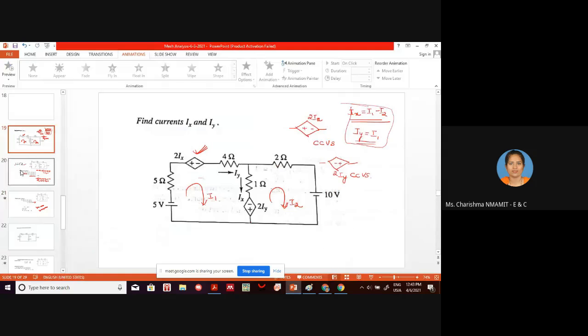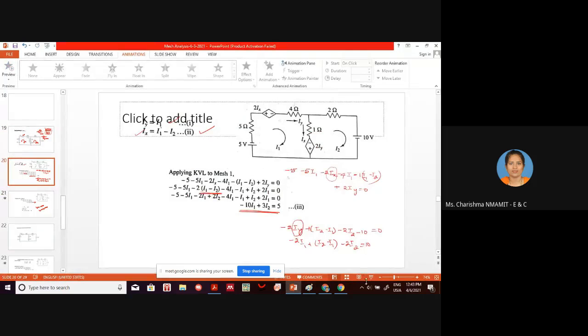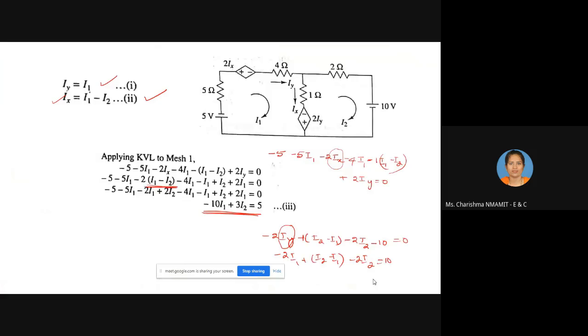Yeah, first equation you see. It is plus to minus. Here the polarity you see, plus to minus, minus 5 I1, plus to minus, minus 2 Ix, minus 4 I1, minus 1 into I1 minus I2, minus 2 plus 2 Iy equal to 0.